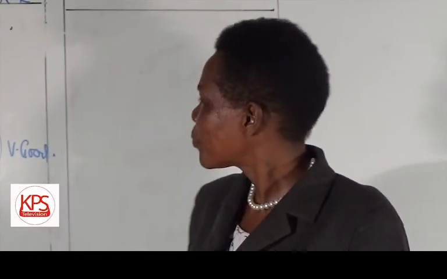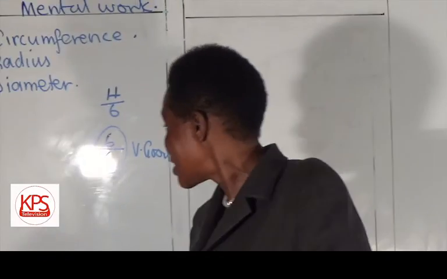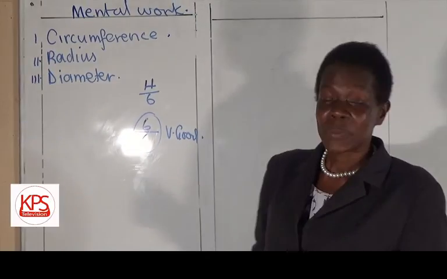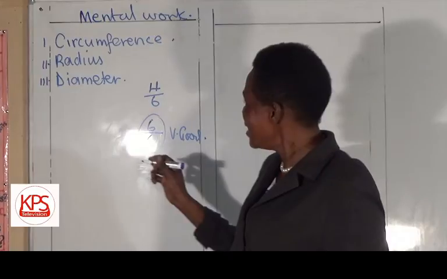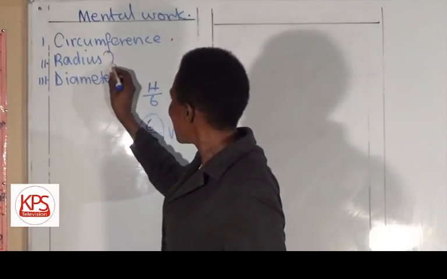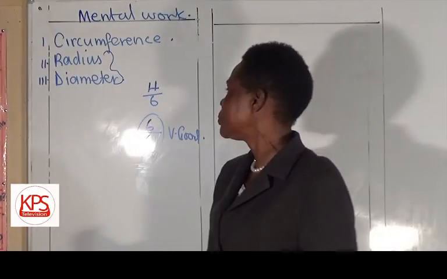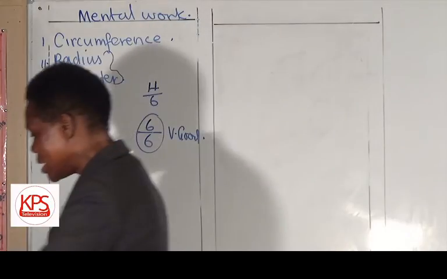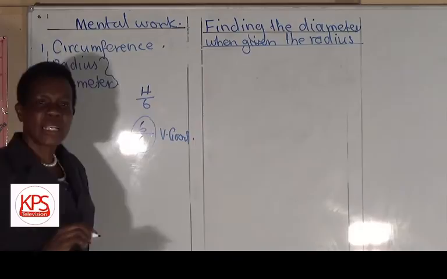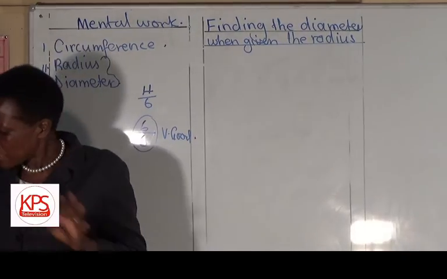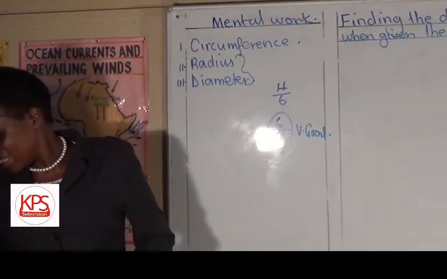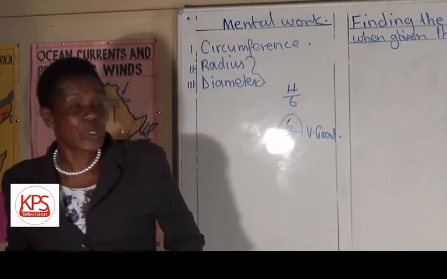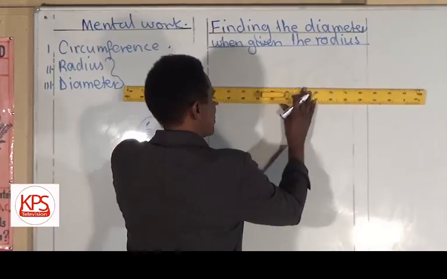Now, as I told you before that we started a topic, from this, we are going to take these 2. Finding the diameter when given the radius. That is exactly what we are going to do. But before we go to it direct, I want to do some practical work to drive us there.